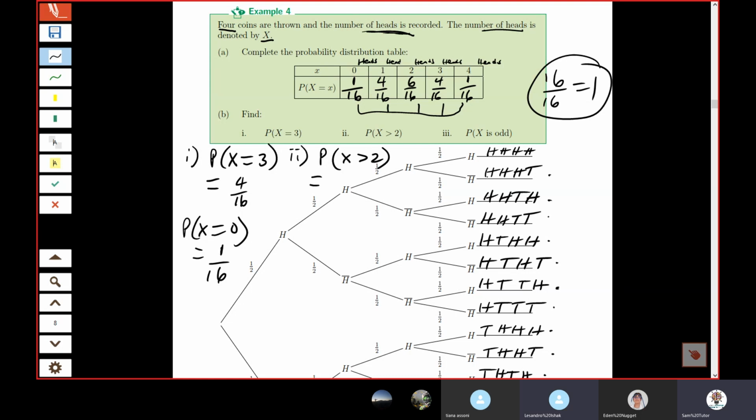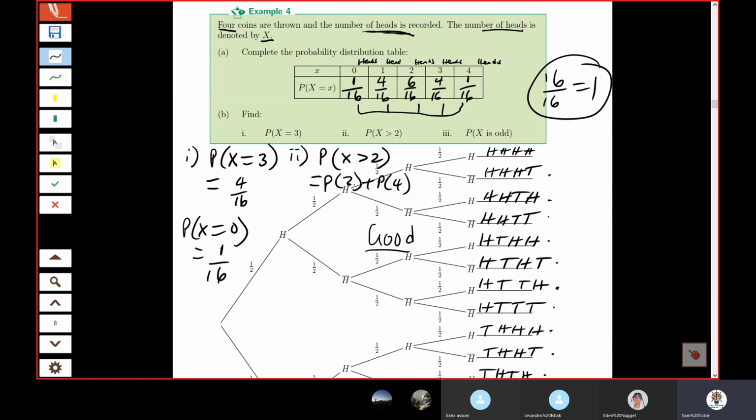Now you want to look at the table, because you're not really going to have the dots every time. It's good, but it's not great. Seriously, you're not going to fill this out all the time. Once you've got your table, you just have to look at it. What's the probability such that X is greater than 2? Well, that means 3 and 4. So that's probability of 3 plus probability of 4.